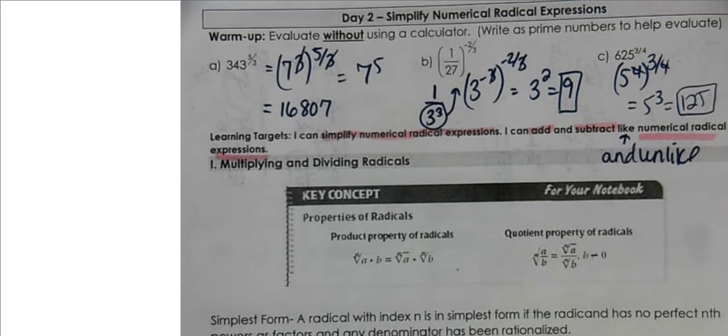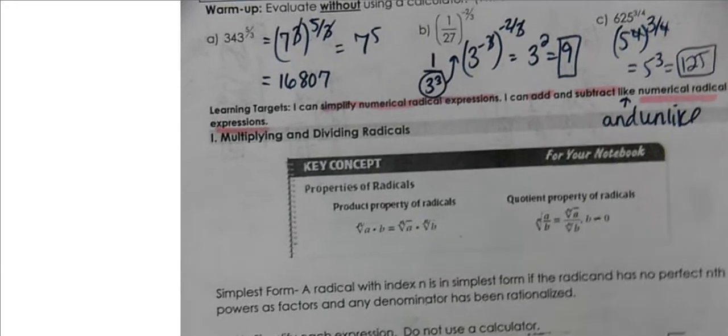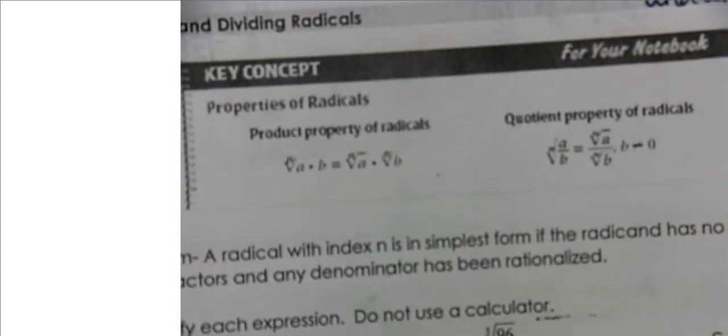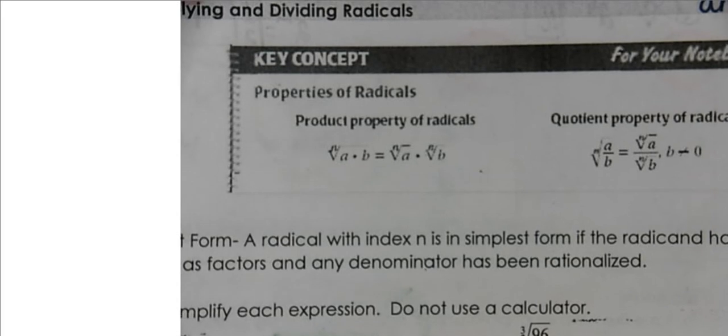So let's get started on this property of multiplying and dividing radicals. This will help us when it comes to simplifying. This is a property that we have discussed before, so I just want to make sure that I talk to you guys about it again.